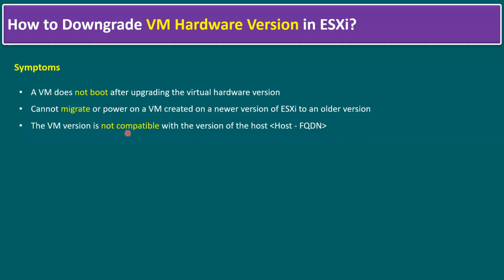There will be a compatibility issue. To resolve these symptoms, there is a solution. Actually, there is not only one solution, we have multiple options. Based on your environment, you can choose any one solution to resolve these hardware version compatibility issues.